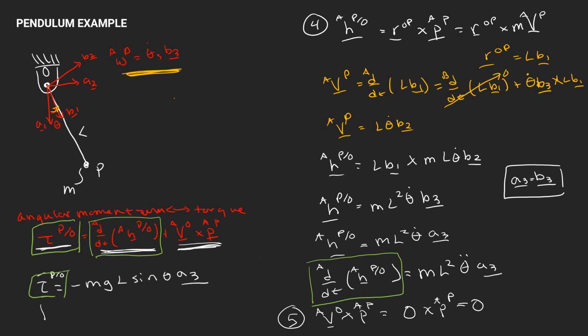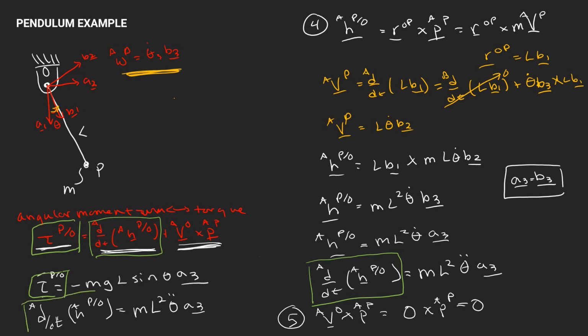So here I'm just writing our other term, so H dot P O is equal to m L squared theta double dot A3.